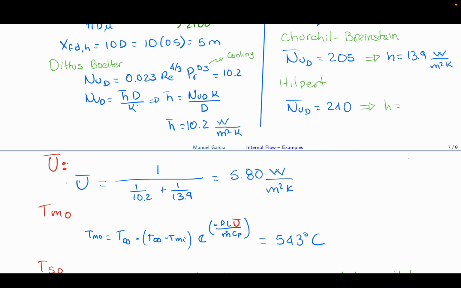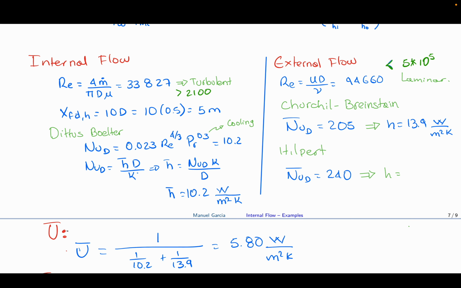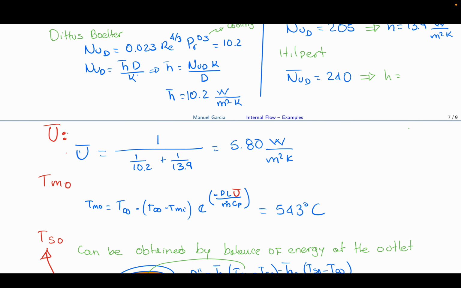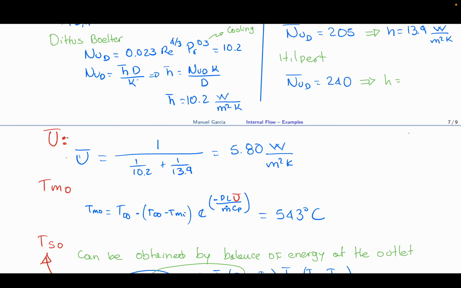Now, solving for the mean temperature at the outlet. We have that the mean temperature at the outlet is equal to T infinity minus the difference between T infinity and the mean temperature at the inlet, multiplied by e to the minus perimeter times length times U divided by the mass flow rate and Cp.